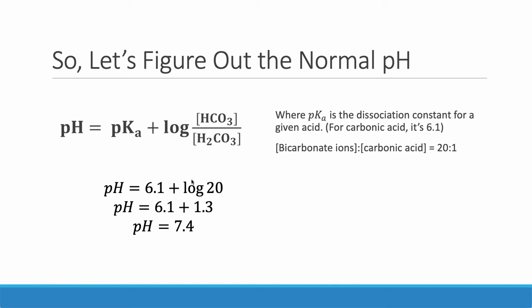When we do all the math, plug all the numbers in, we come up with an ideal pH of 7.4. I don't expect you to know the math. I didn't even do the math here. I didn't show you any of the math. I just showed you the formula. This is how we do it. And at the end, we get the pH, normal pH 7.4.